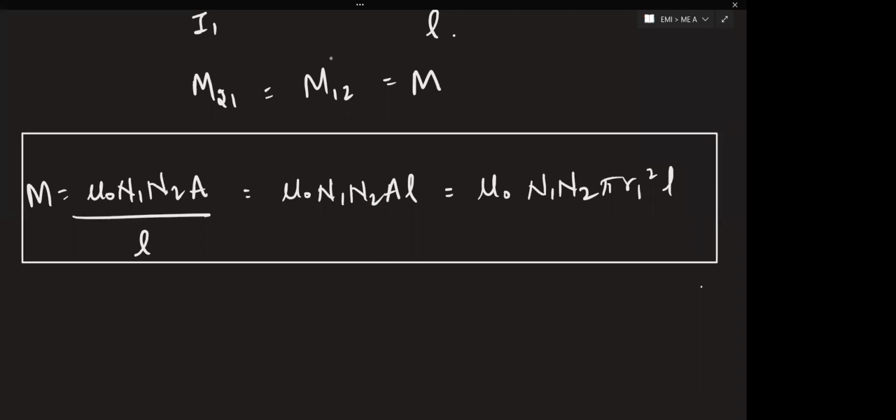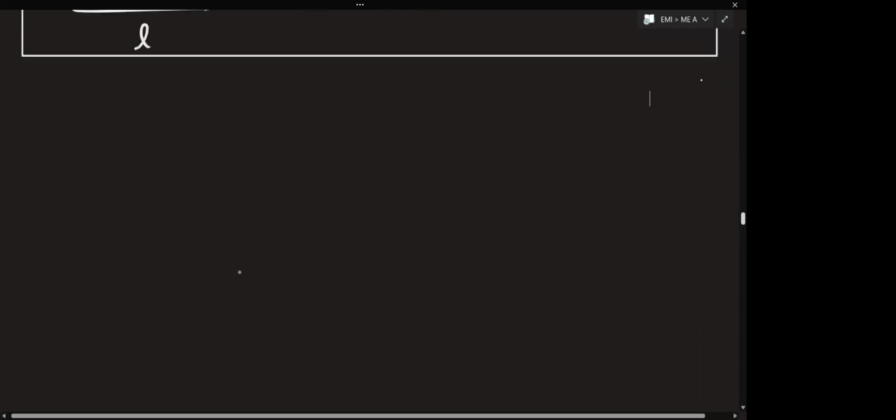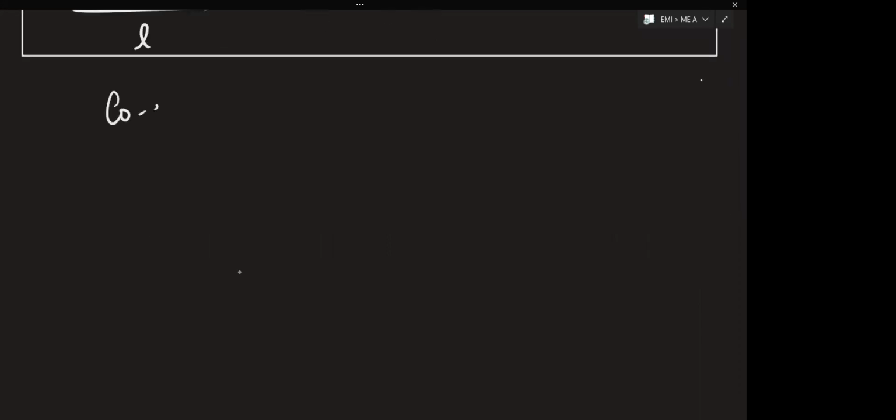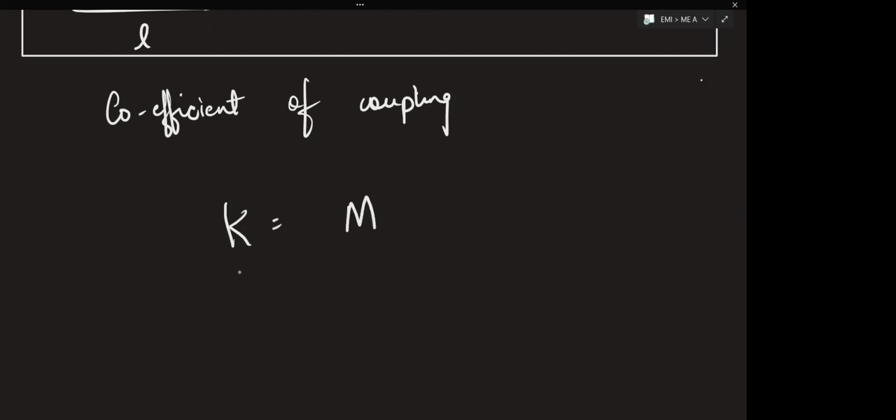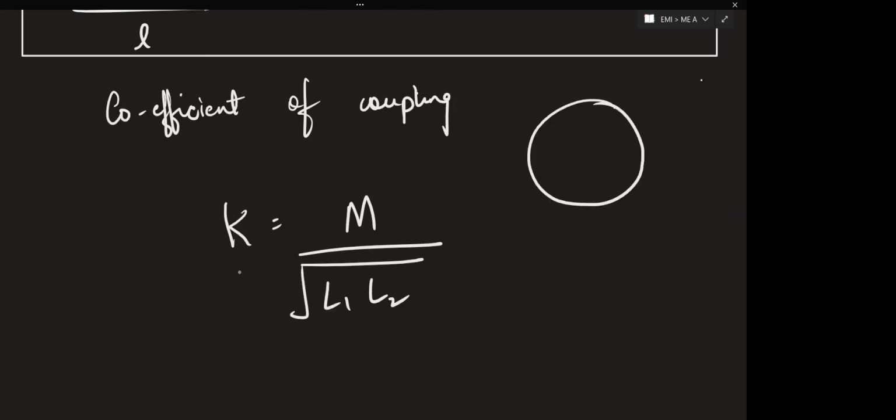And one more thing. Coefficient of coupling is also a very short thing that comes. This is basically a relationship between mutual inductance and the self-inductances of both the coils. See, if two coils are there, let's say these are two coils, current has increased in this, flux has increased in this.